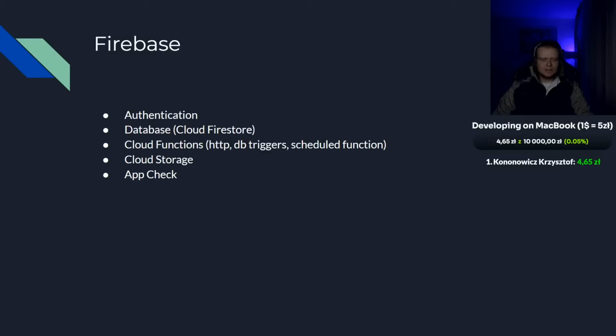And also Firebase allows us to secure our app more by attesting our application. For example, we can use Play Integrity for Android, and there are also some tools for checking the app on iOS. Mainly this is used to allow our users to use our application only from the Play Store, for example.